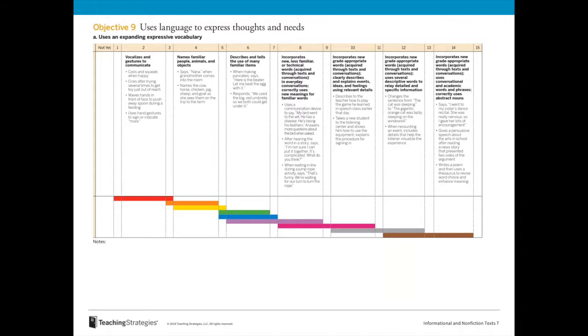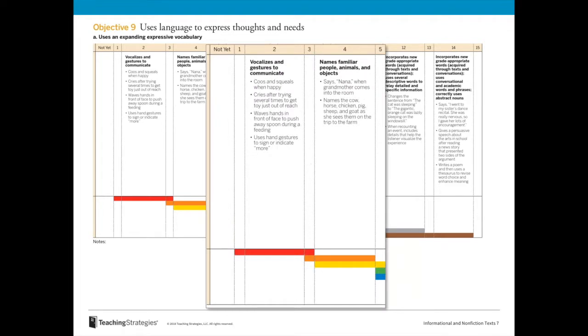If we take a closer look at the beginning part of the progression, this is for even the youngest babies, from 0 to 2 or 3 years old. You can see that the very first things we expect babies to be able to do is to vocalize and gesture to communicate, because we know that human beings are born communicators.